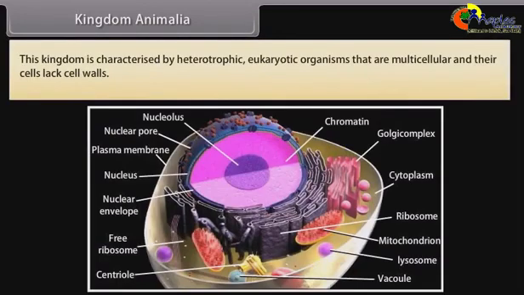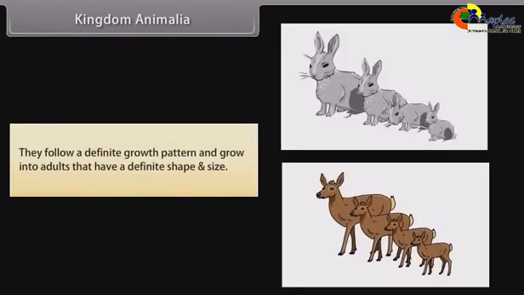This kingdom is characterized by heterotrophic eukaryotic organisms that are multicellular and their cells lack cell walls. They follow a definite growth pattern and grow into adults that have a definite shape and size.